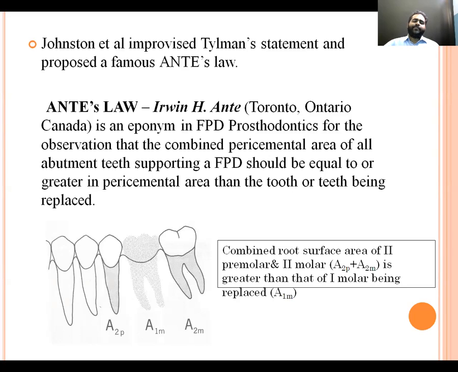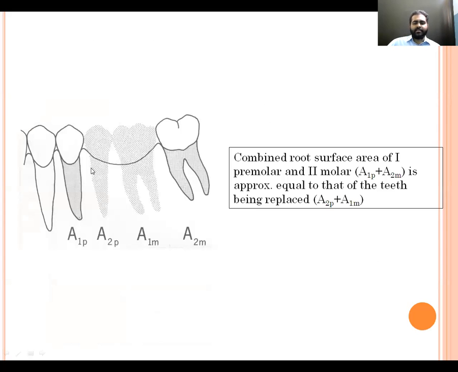If your first molar is missing, the area of the 2 6 and 1 6 should be more than the area we are going to replace with the fixed partial denture. We make sure that it is equal or greater than that. Okay, this is the pericemental area. Now we have two missing teeth, that is the second premolar and the first molar.